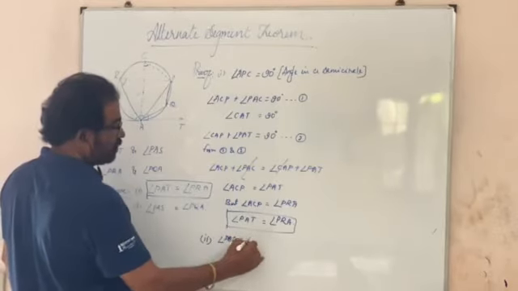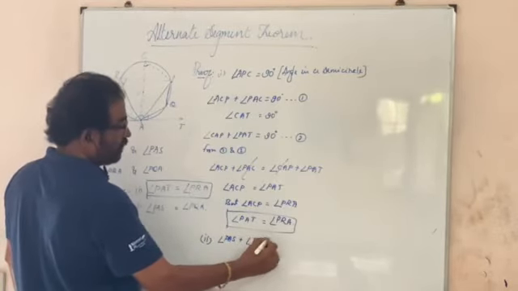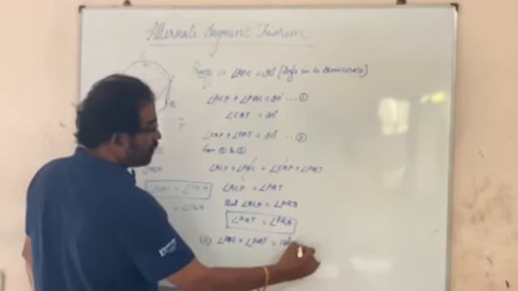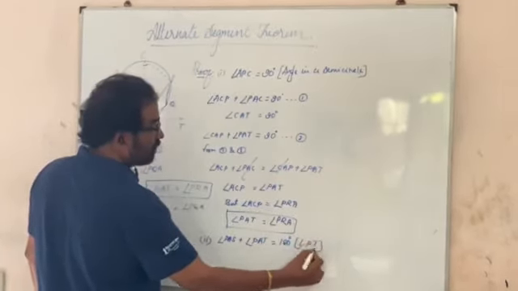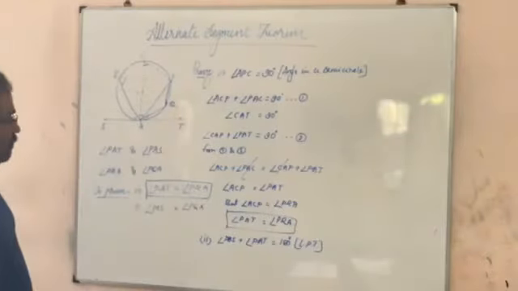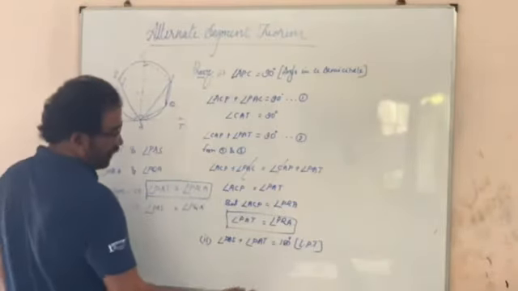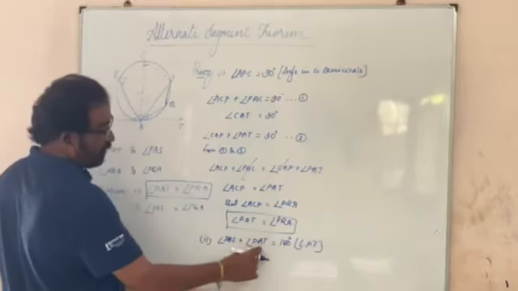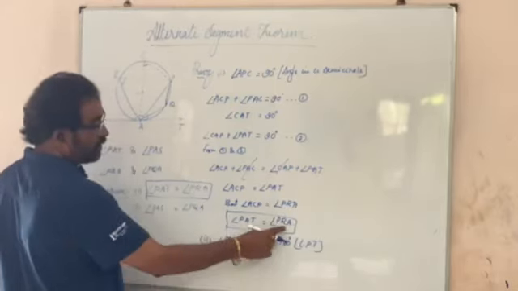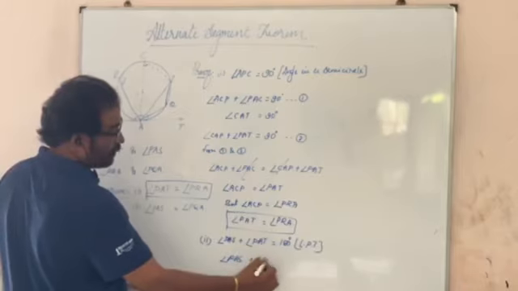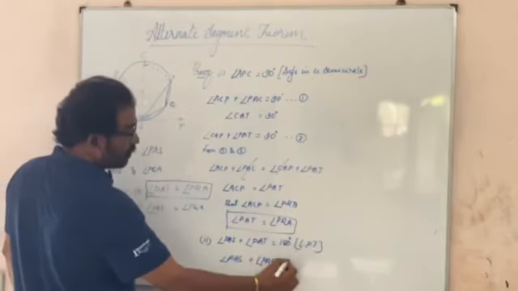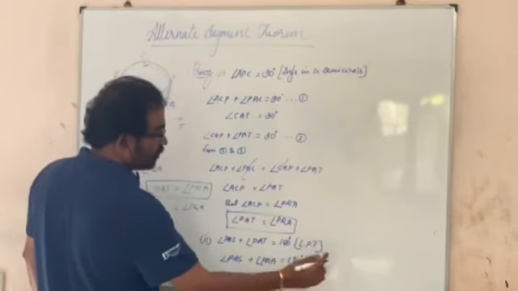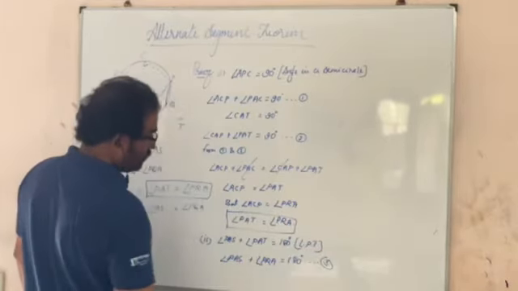You know this by the name linear pair theorem. Just now we proved that PAT is PRA. So PAS plus angle PRA is 180. This one I take as equation number 3.